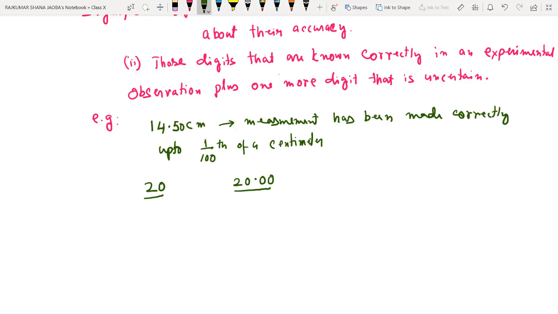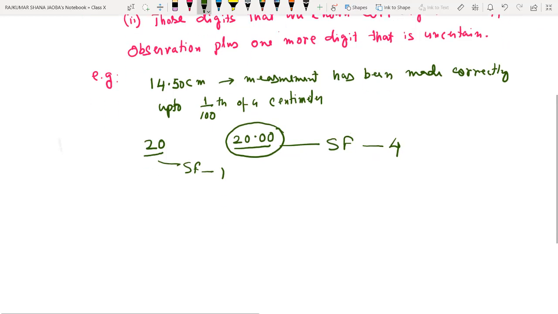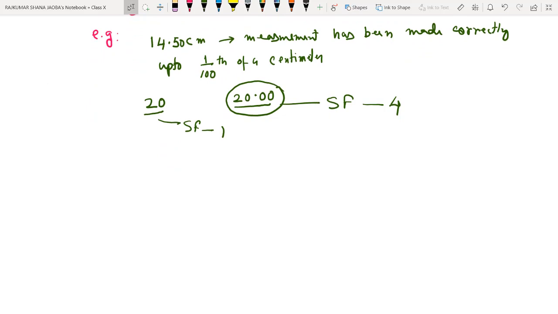For 20 the significant figure is 1, and for 20.00 the significant figures are 4. There are some rules to find out the number of significant figures. So now let us go to the rules.